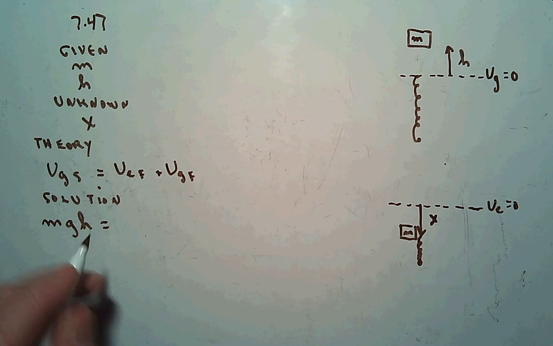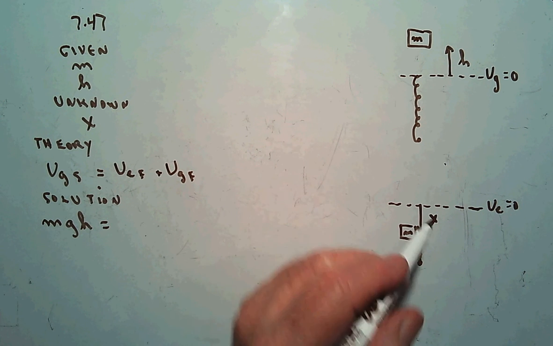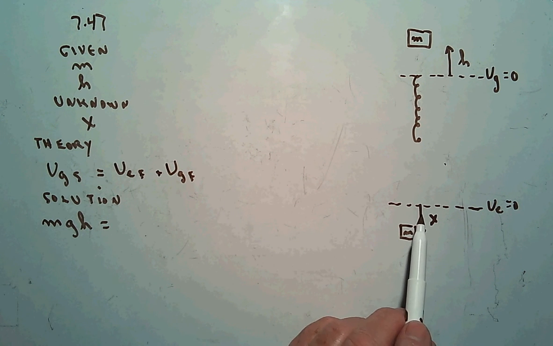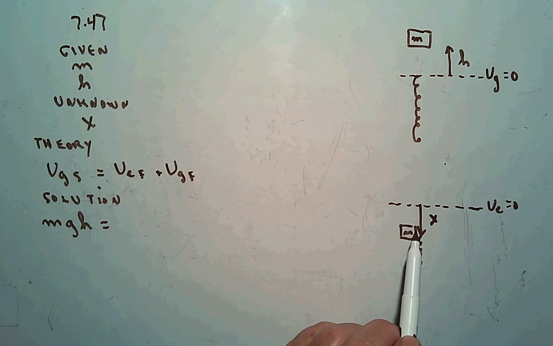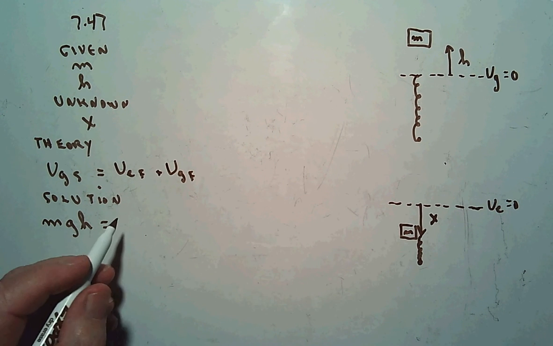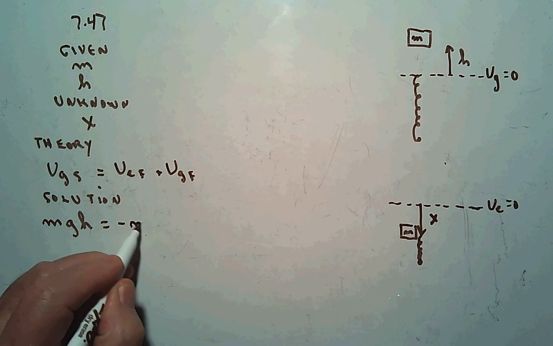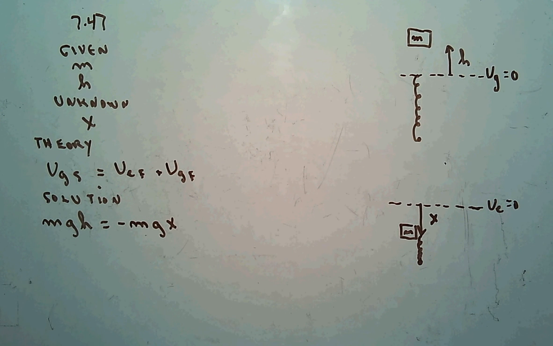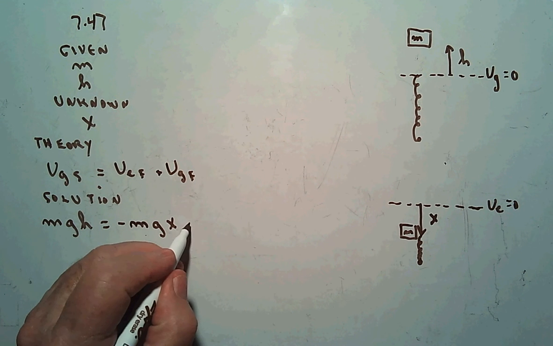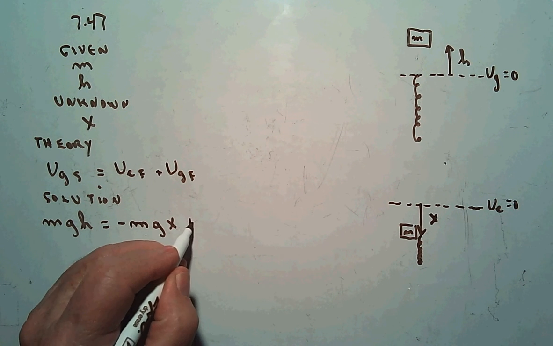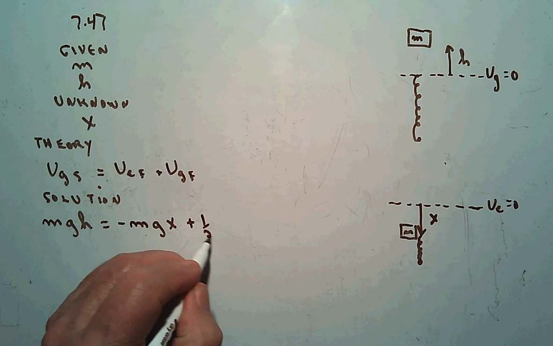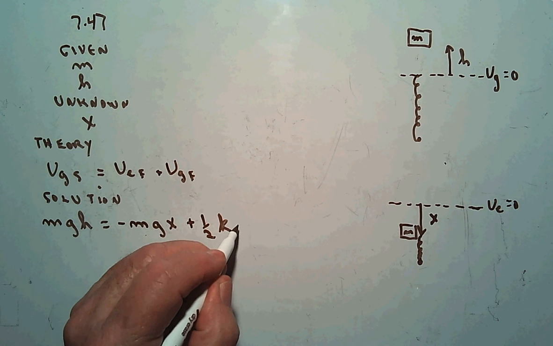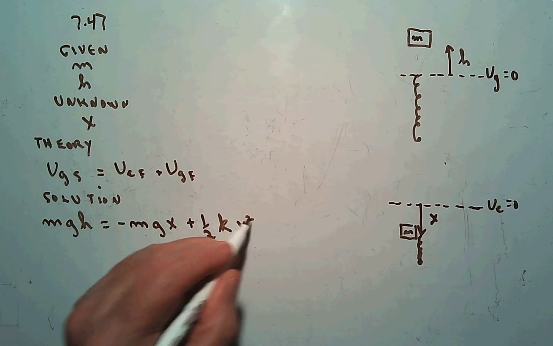And that's going to be equal to, okay, now notice that the block has moved down a distance of x below the 0 point, so it's now going to have minus mgx potential energy. But the spring has gained 1/2 k x squared.